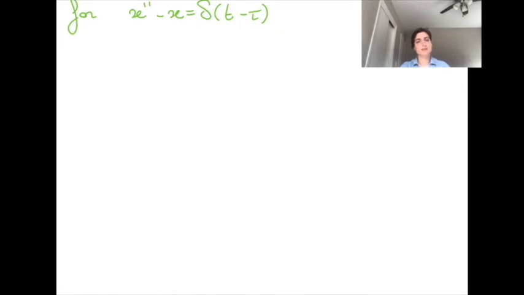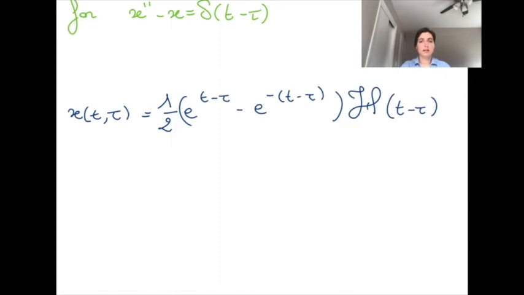So let's generalize. Let's replace 2 by a tau, and the 1 over 2 doesn't change because that was coming from our split in the partial fraction, but in the exponents and in the shift of the Heaviside function, instead of having t minus 2, now we have t minus tau.